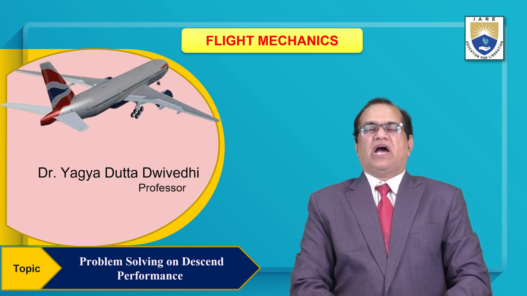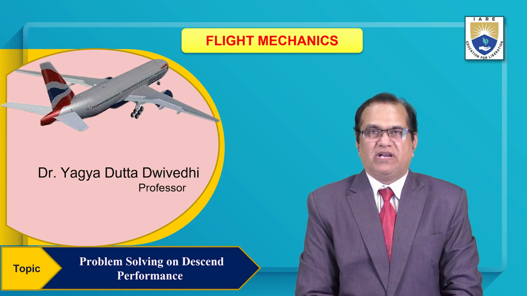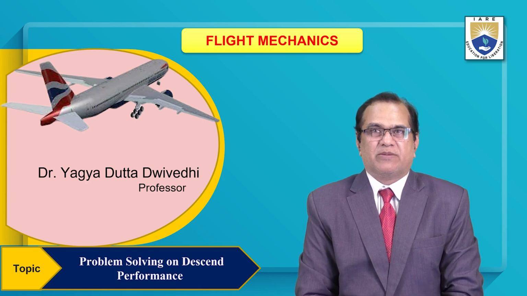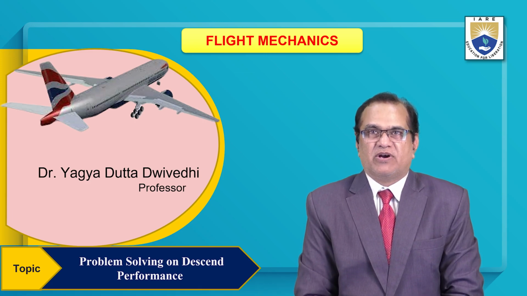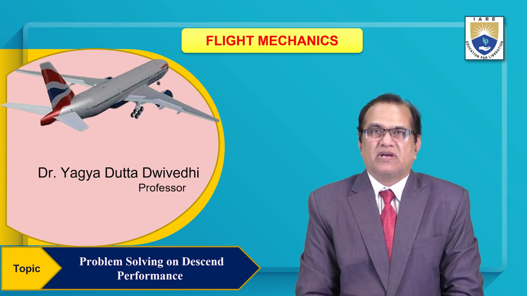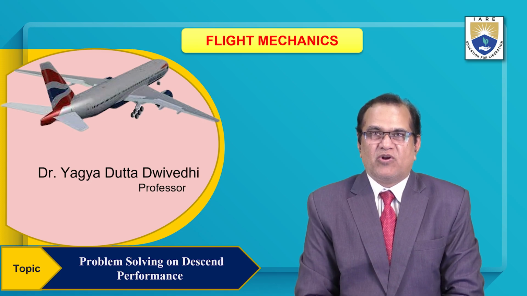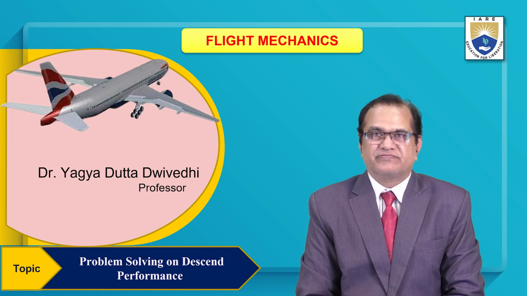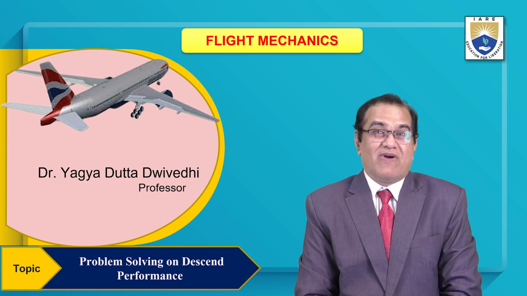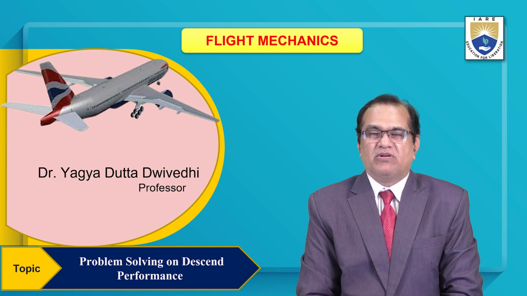As of now, I have covered the topics from Module 1, which is Introduction to Flight Mechanics, which covers the atmosphere, international standard atmosphere, basic aerodynamics like lift, drag, drag polar, types of drags, thrust required, power required, power available.